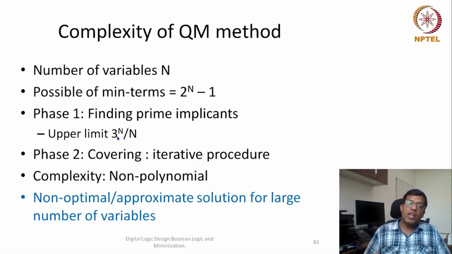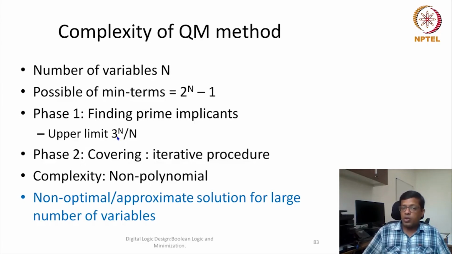We will try to find a non-optimal or approximate solution which is close to optimal, not very bad, but still okay. Why will we resort to this approximate solution? Because the optimal solution will take an exponential amount of time, and that is not worth it.